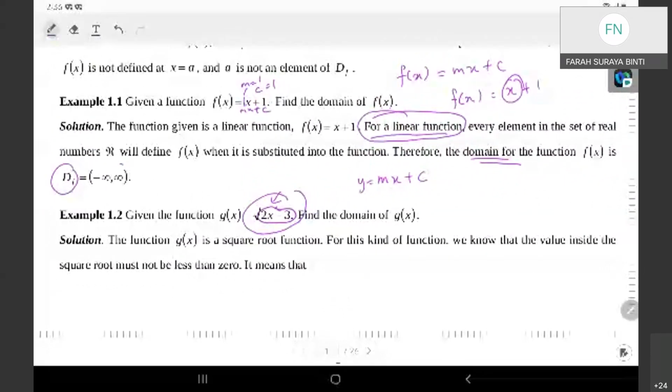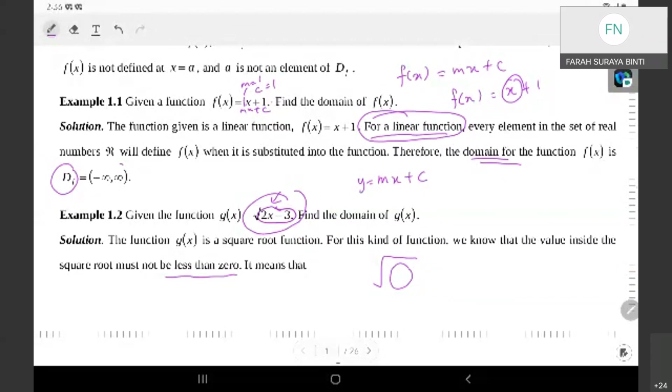Okay, the function g of x is a square root function. For this kind of function, we know that the value inside the square root must not be less than 0. Kan, square root. Nombor dalam dia tak boleh less than 0. Less than 0 maksudnya we cannot have negative number in the square root.